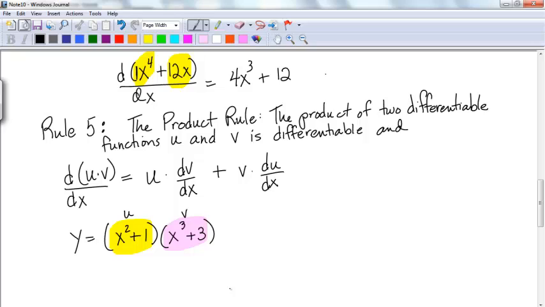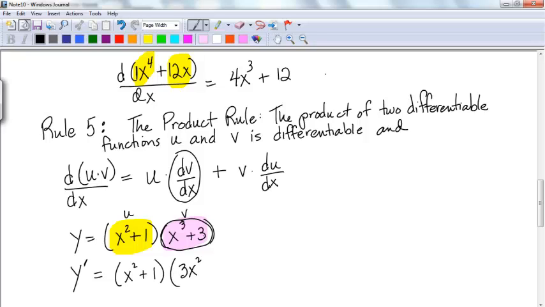So y prime says leave the first quantity the same. So it's going to stay x squared plus 1. This says times the derivative of v. What's the shortcut for taking the derivative of this? 3x squared.